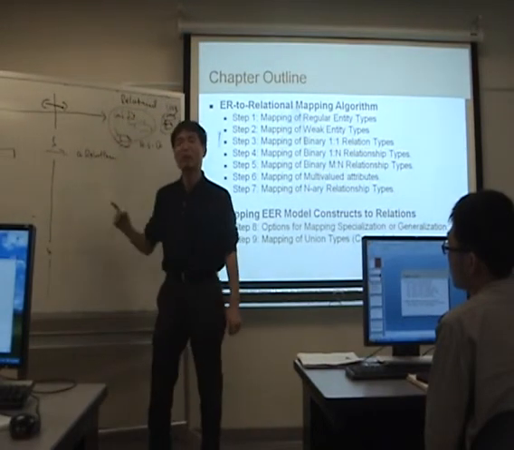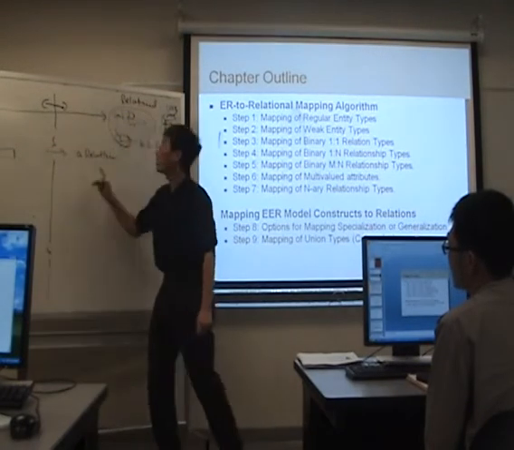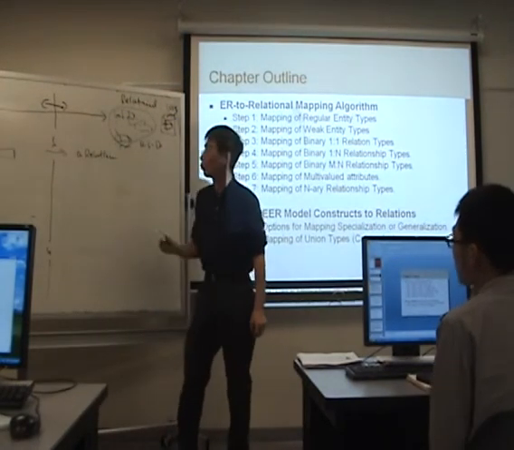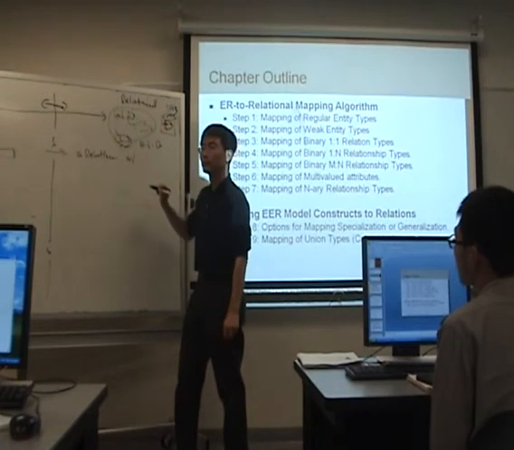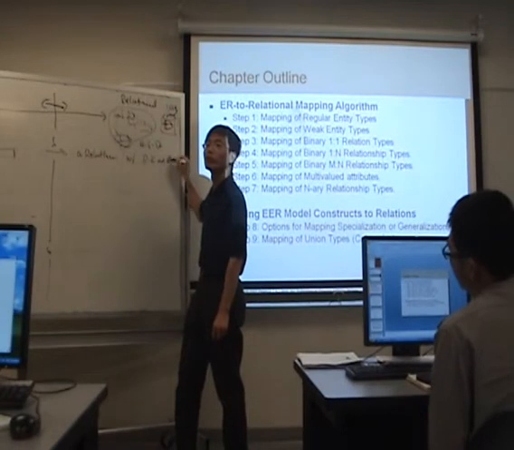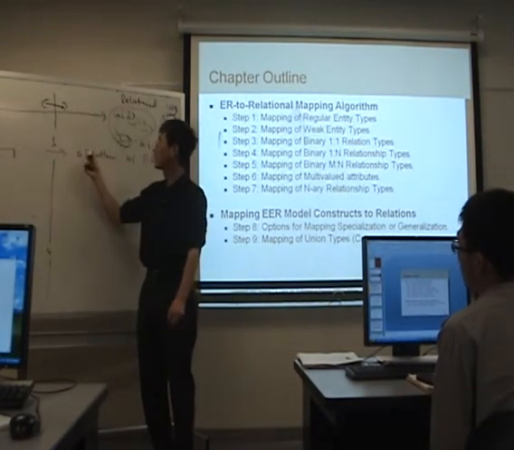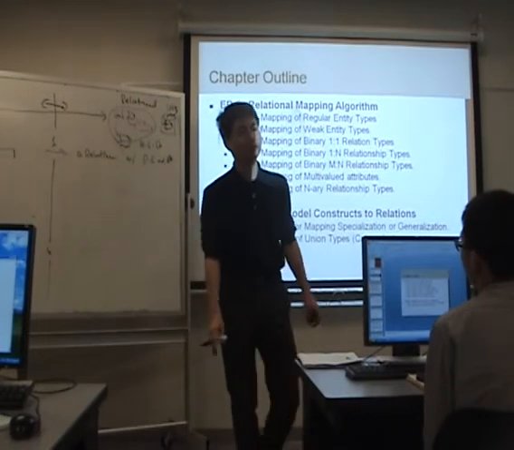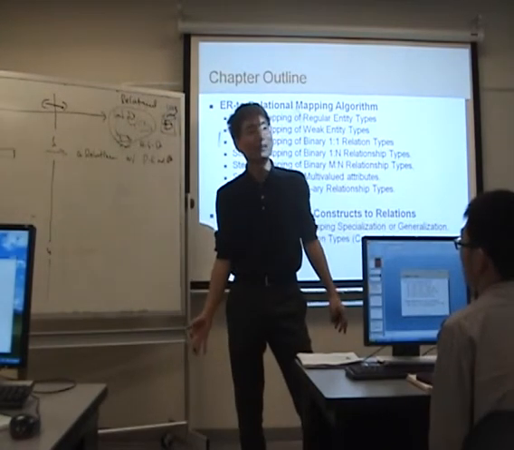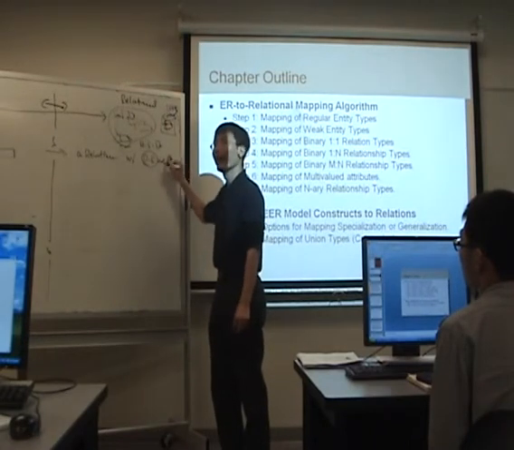Right? It can be a relation. So an entity is a relation in terms of the relational model, with what? Primary key and attributes. So you can automatically convert each entity into a relation. That's it. You need to select the primary key. You need to select the attributes.